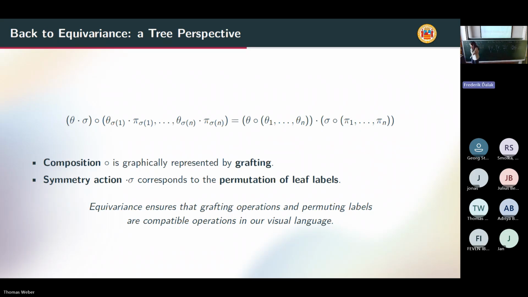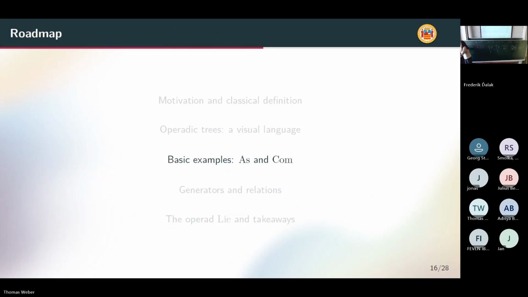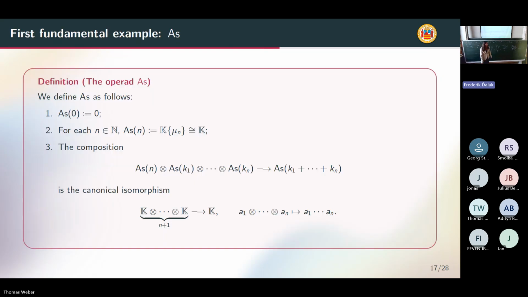Right. And okay, so now we are finally able to meet the first two types of algebra, associative and commutative ones, which are encoded by these two famous operads, the operad As and the operad Com. The first one is the operad As. I want you to notice how economical this structure is because it is incredibly small.